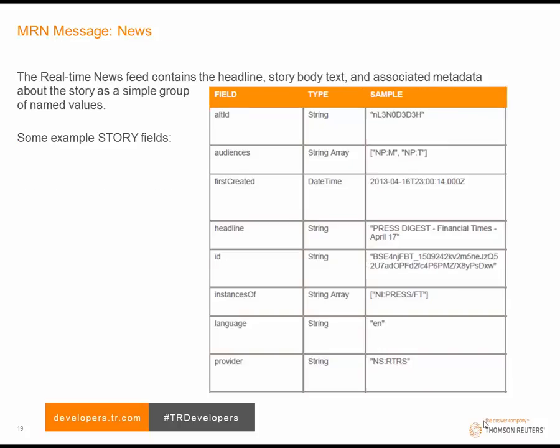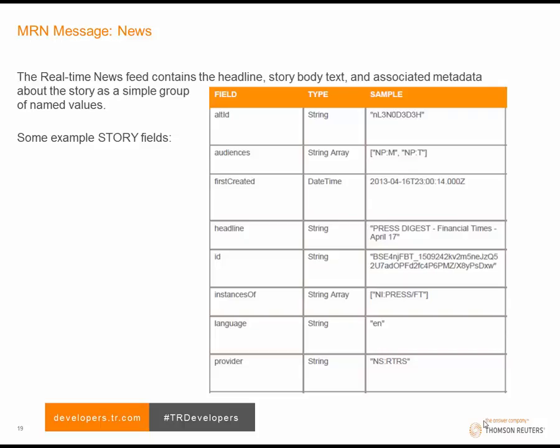These are specific items that are found within JSON as part of story. Real-time news contains headline, story body text, and associated metadata. So this is an example of feeds that could be found in the story.